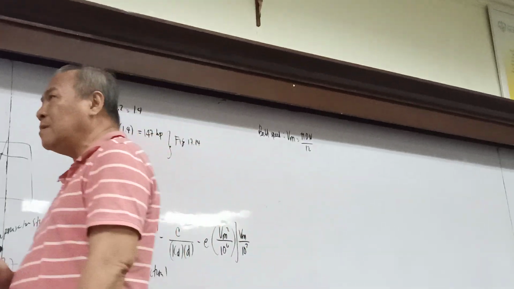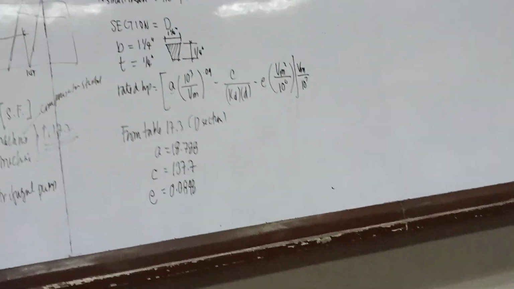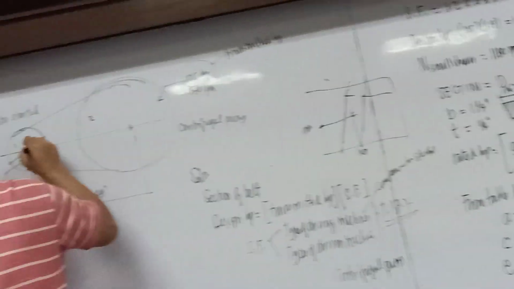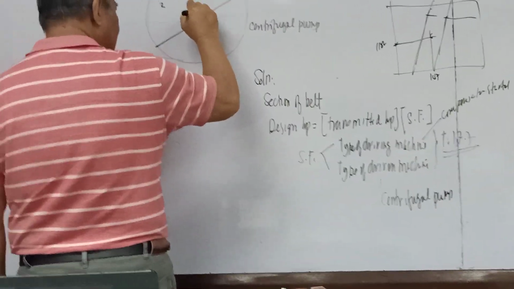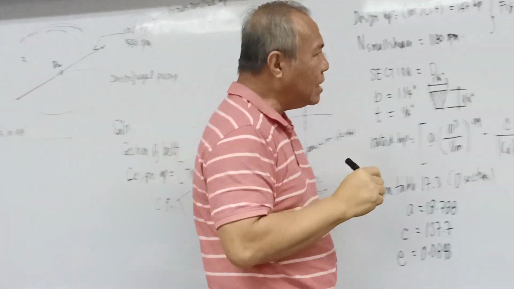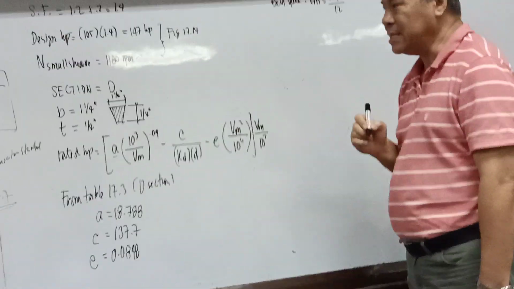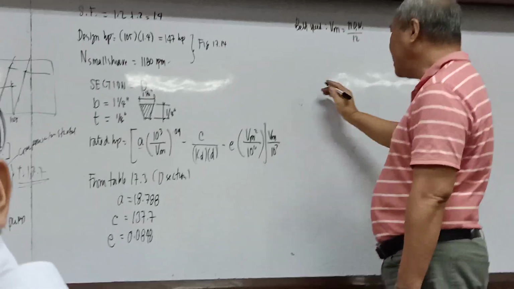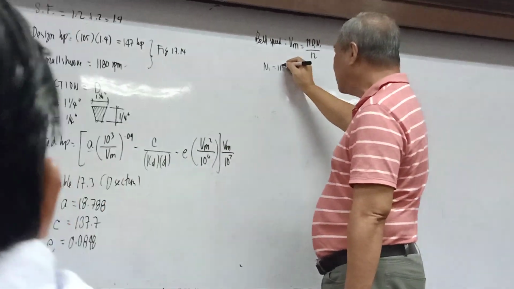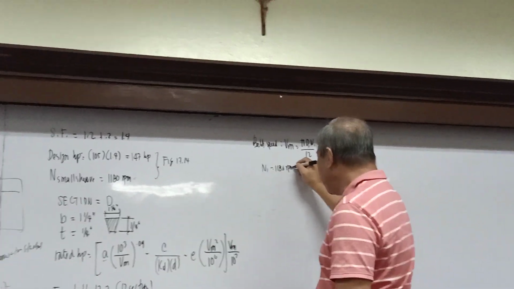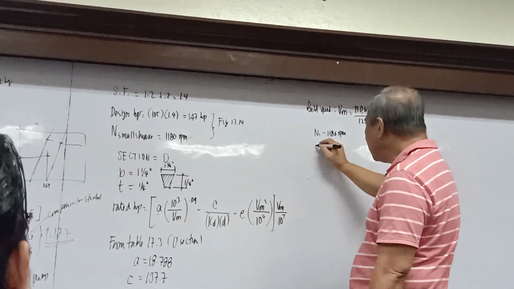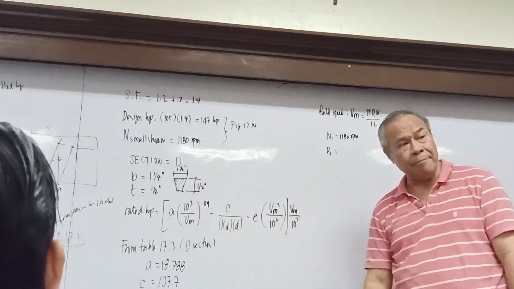But we do not know the diameters D1 and D2. How do you determine D1? That is not given in the problem.